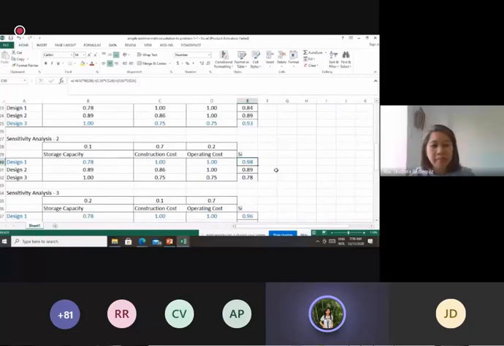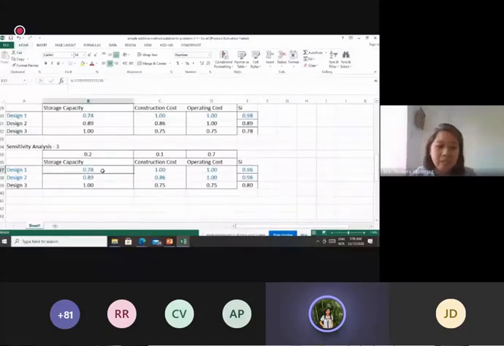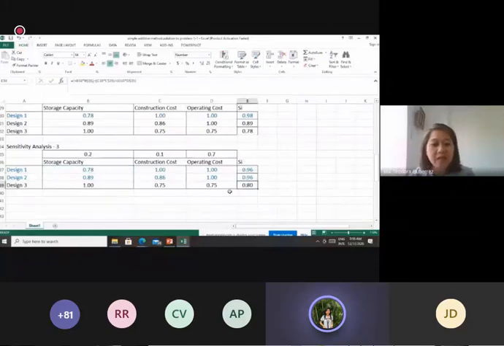Now, the last one will be what if I give a high weight for the operating cost, which signifies it is my priority, 0.7. So the same, we will have to get the total score. That's 0.78 normalized value multiplied by the weights, 0.78 times 0.2 plus 1 times 0.1 plus 1 times 0.7 is 0.96, and the same goes with the others.